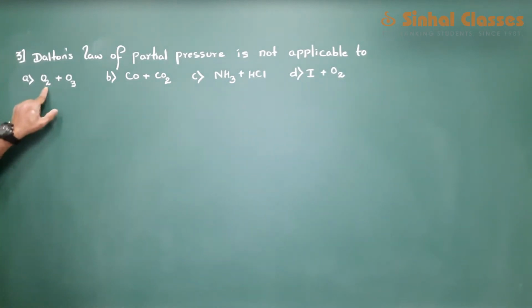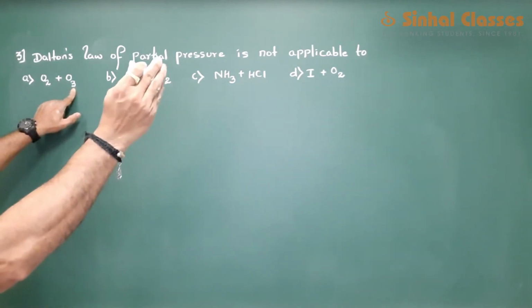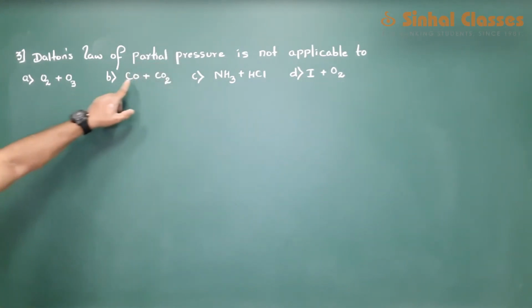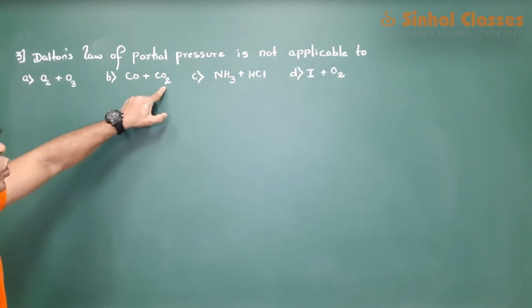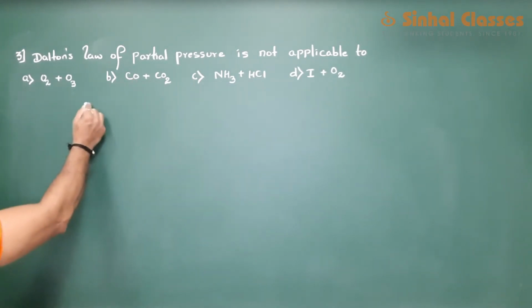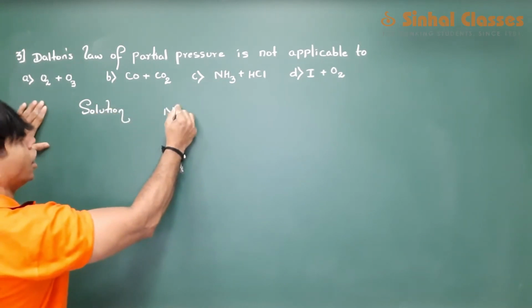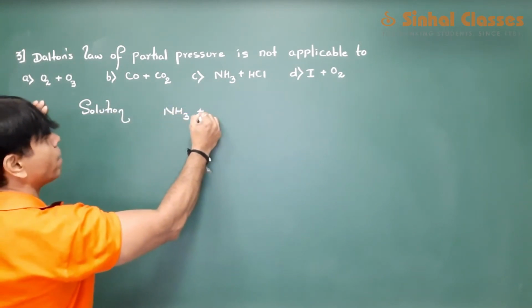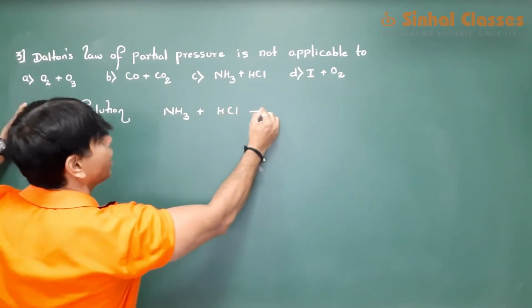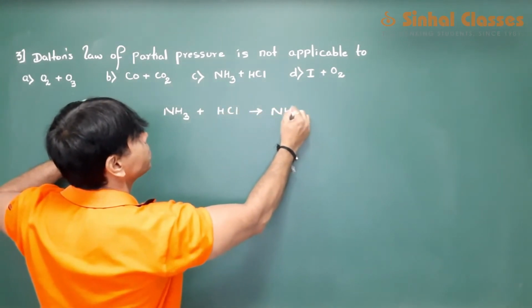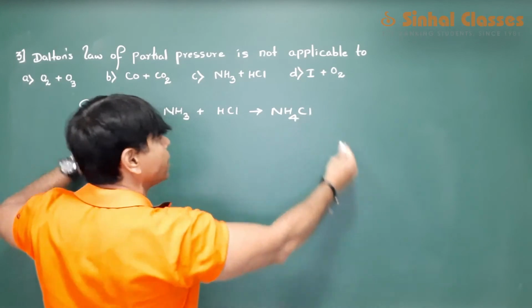First is O2 and O3. They don't react with themselves, nor CO and CO2. What about ammonia with HCl? Yes, ammonia will combine with HCl and it forms ammonium chloride, which is a sublimate compound.